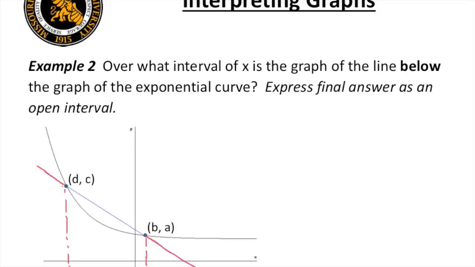So the open interval to the left starts at -infinity and goes to the right towards d. Union that with the other interval that starts at b and moving to the right, going off to infinity. Those two intervals together answer the question, over what interval of x is the graph of the line below the graph of the exponential curve?